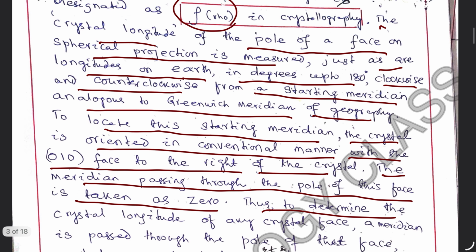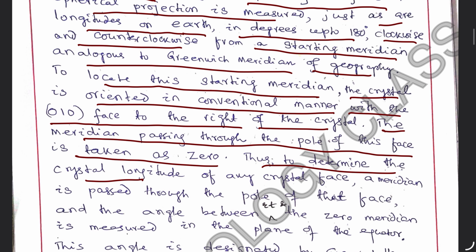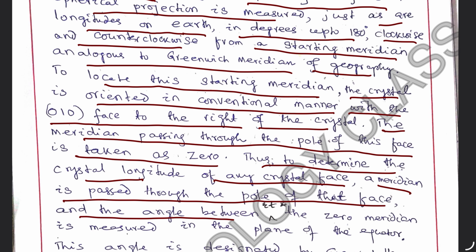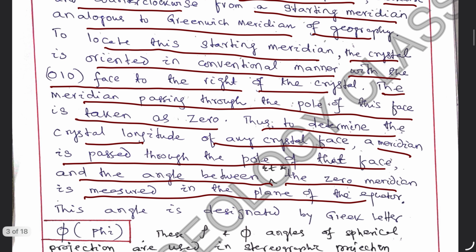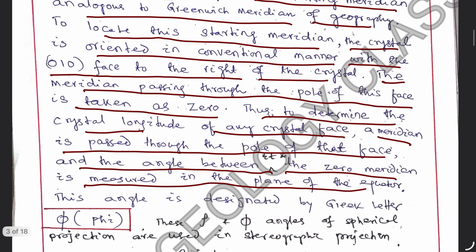Thus, to determine the crystal longitude of any crystal face, a meridian is passed through the pole of that face, and the angle between it and the 0 meridian is measured in the equatorial plane of projection of the sphere, and this angle is designated by the Greek letter phi.